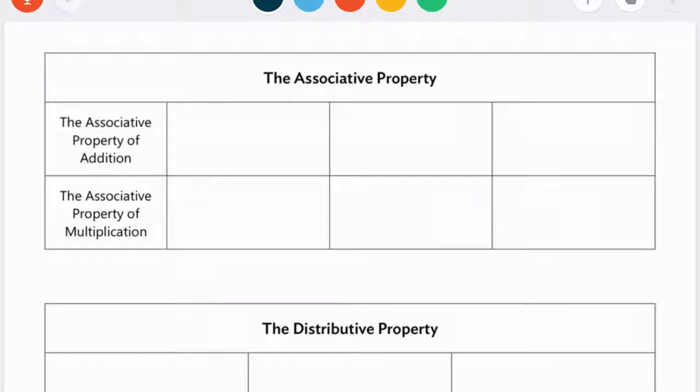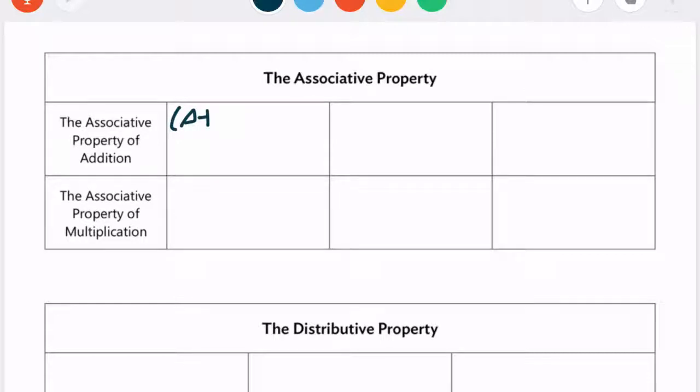Moving on to the associative property. This is the property with the parentheses, if you want to think of it that way. You're changing what's inside the parentheses. So first example, we're going to have some shapes again. If we have a triangle plus a heart plus a circle, I'm going to erase that because I need to write a little bit smaller, but you can keep it on your paper.